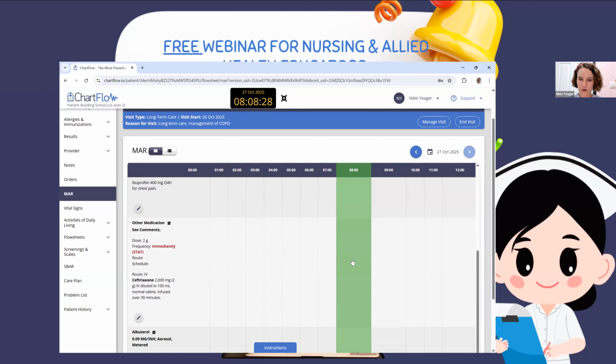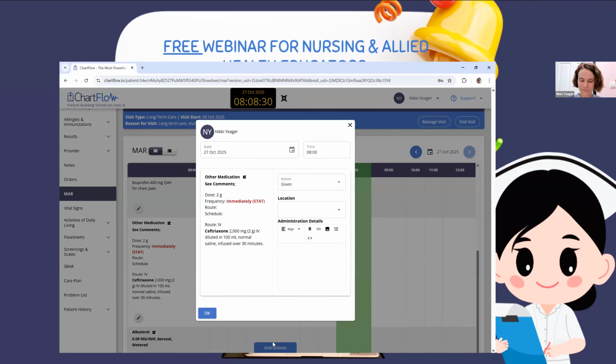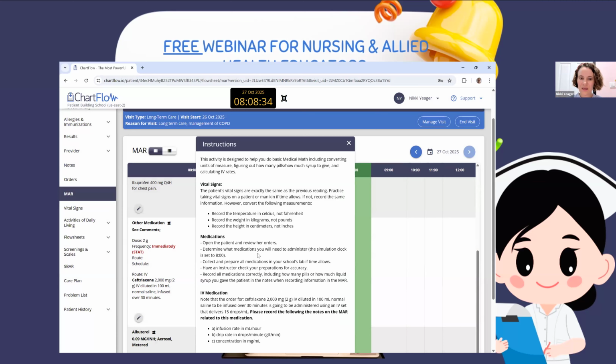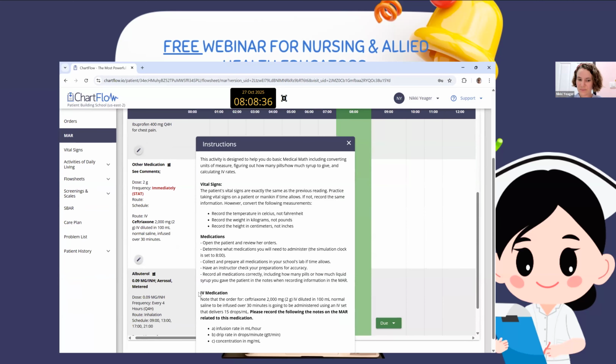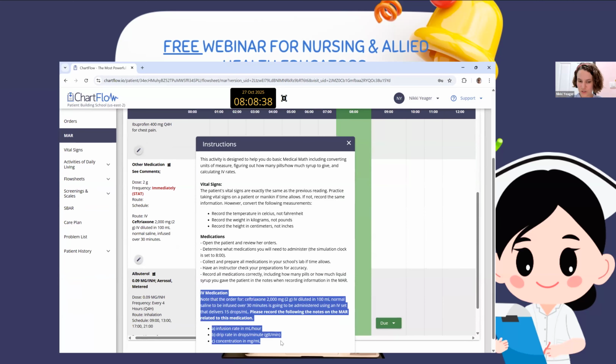So we need to give that. So when we do it, we're going to click in here. And I'm going to point out before I do that, in our instructions I showed you in the beginning, we have these instructions at the bottom. They are before you open the activity as well. If you're doing this on a piece of paper, just tell your students this beforehand.